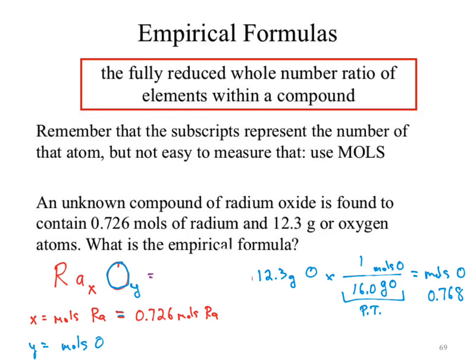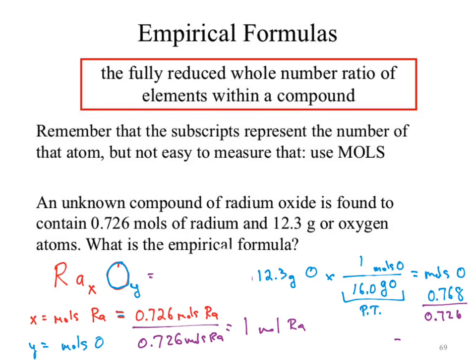I divide by the smallest amount of moles. Which one is the smallest amount? 0.726 moles of radium. This is going to give me 1, effectively, mole of radium. Okay, and I do the other one, 0.768 divided by 0.726.